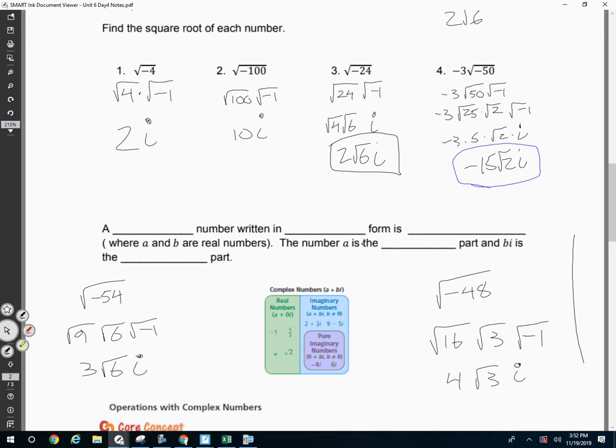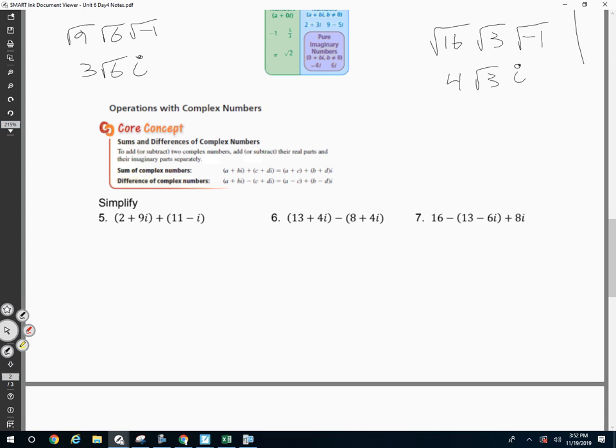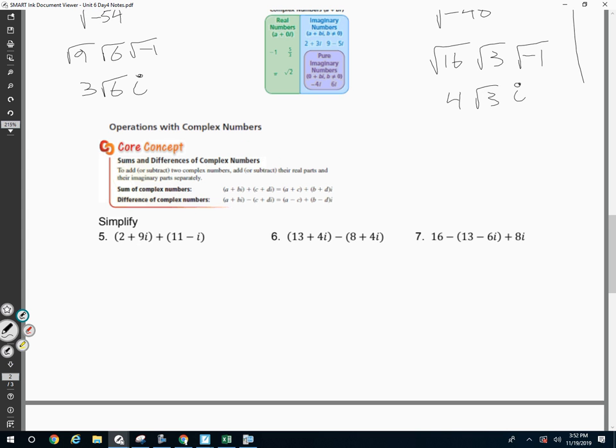Understanding these i's, you can treat them like variables, like x's. If I have 9 i's and I subtract an i, what do I have? 8 i's. You're exactly right. If I have 2 and I add 11, what do I have? 13. This is just demonstrating that the operations are similar to those with like variables. You need like terms.